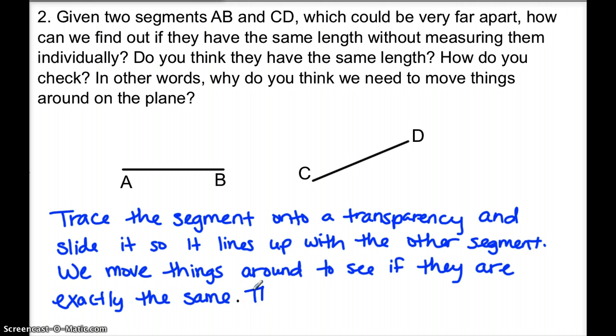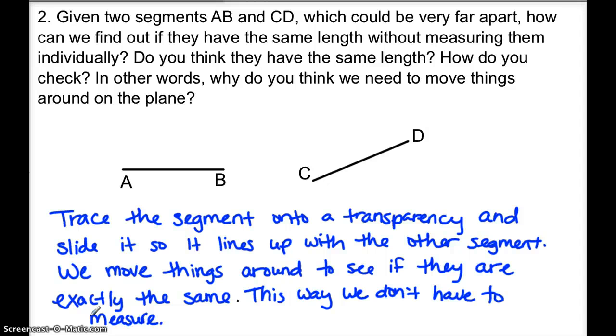This way we don't have to measure. So this whole lesson was just about tracing a line or a shape of some kind onto another piece of paper and sliding it, flipping it, rotating it to figure out how to match up with another object.